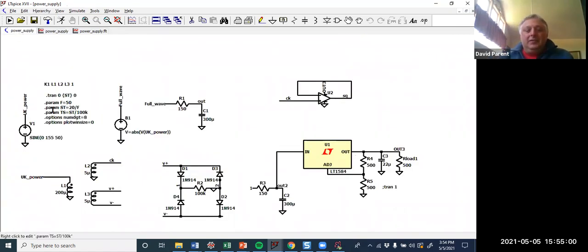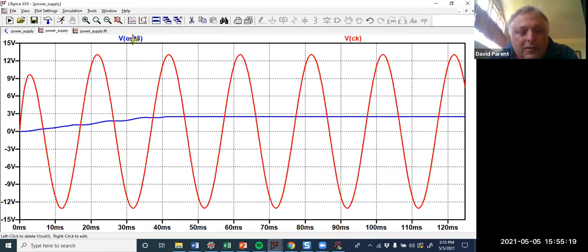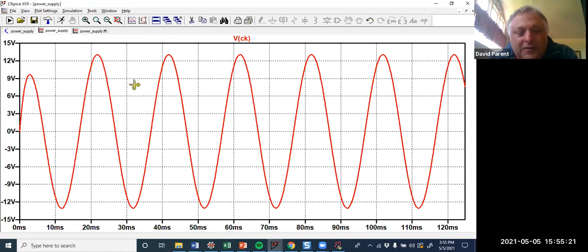Now, how can we get a clock signal out of this, right? Well, I have, again, reduced using the transformer. Instead of a 155 volt sine wave, I'm getting around 12, right?